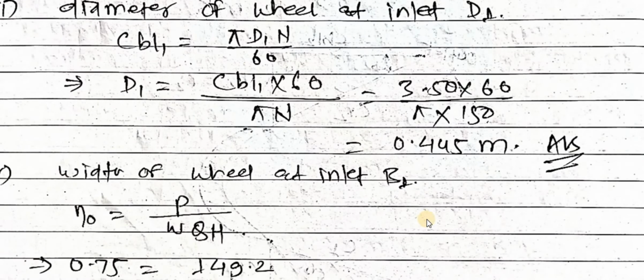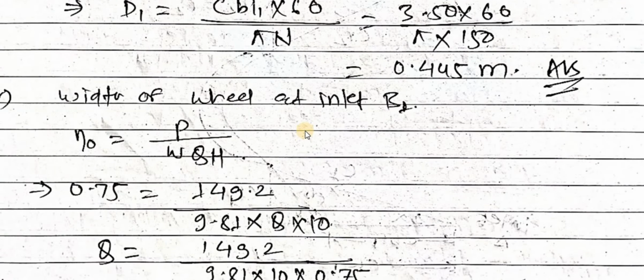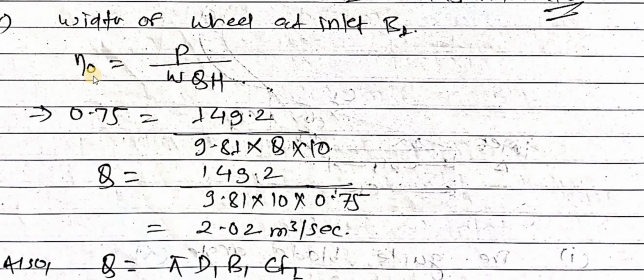Similarly, the width of the wheel at inlet, that is B1. As you know, overall efficiency is equal to power upon wQH, and the overall efficiency given in the question is 75%, so 0.75 equals power, 200 horsepower, which we convert into kilowatts, that is 149.2, upon 9.81 into Q into 10, where Q is the discharge.